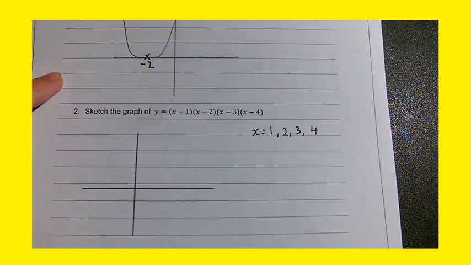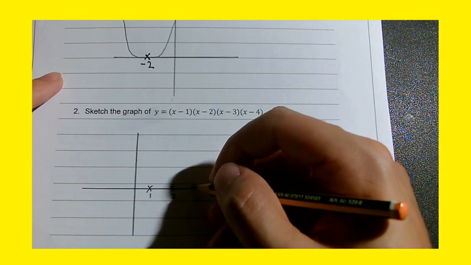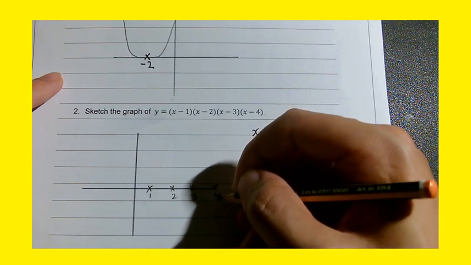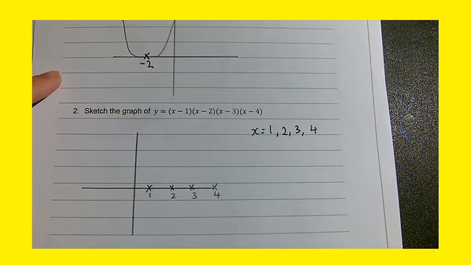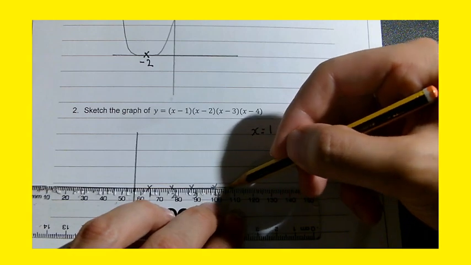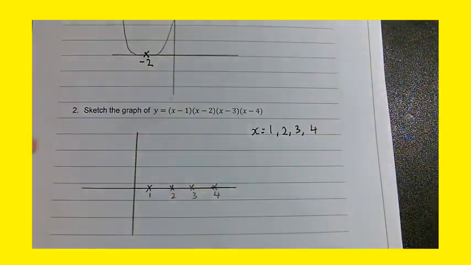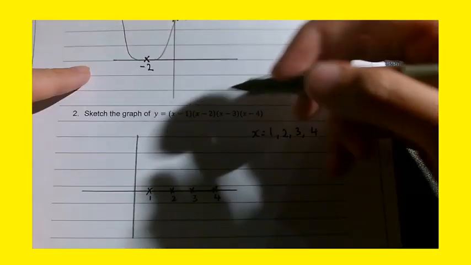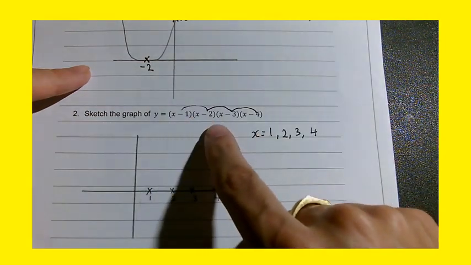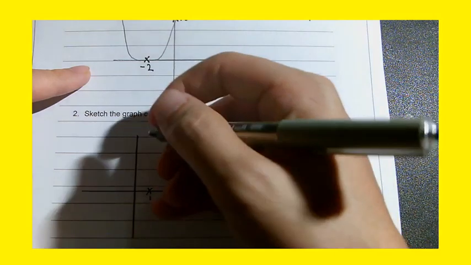Let's extend the x-axis just a little bit more. And the y-intercept, if I multiply the numbers together, so -1 times -2 is +2, -6, plus 24.